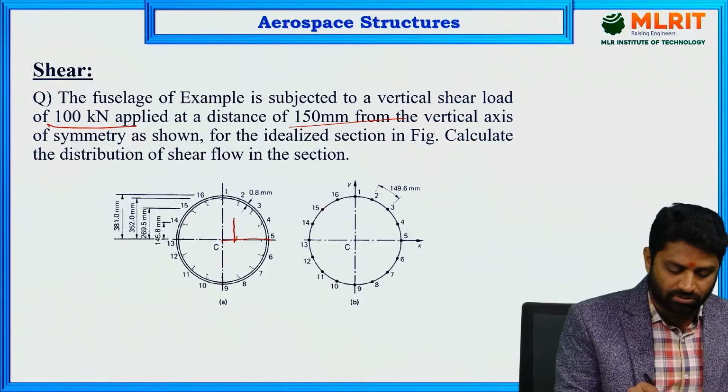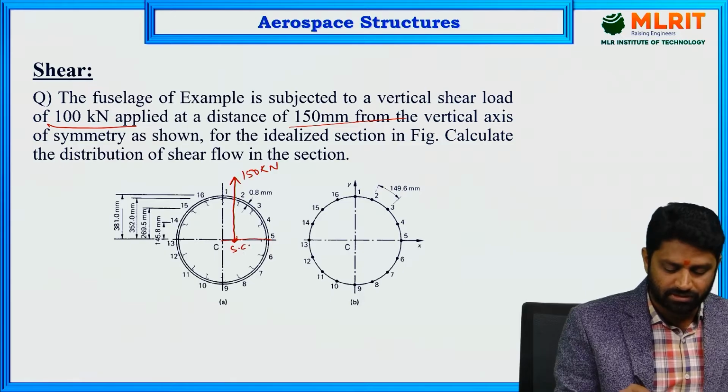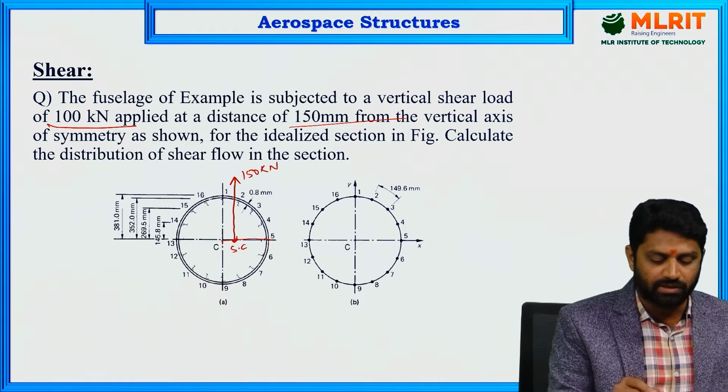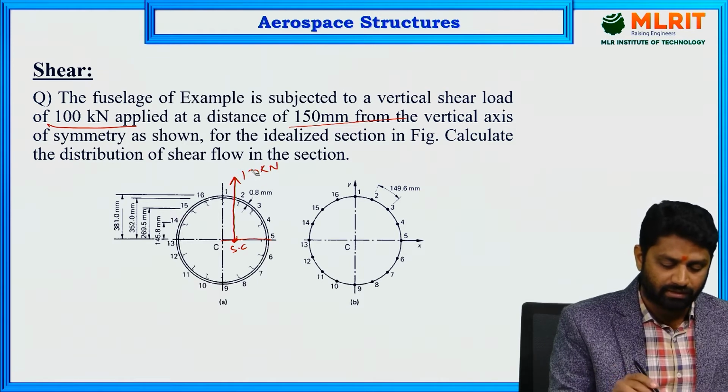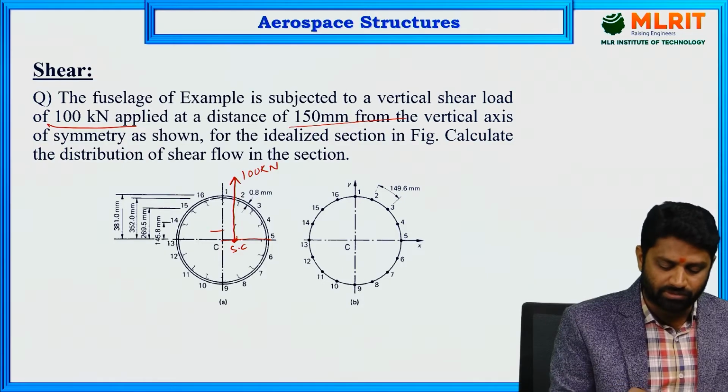So I am trying to draw it like this, and let's assume this is the shear center. 100 kilonewton, not 150. 100 kilonewton is applied at a distance of 150 mm. So this distance you can consider as 150 mm.